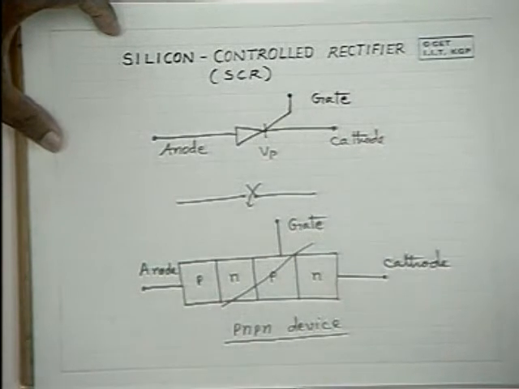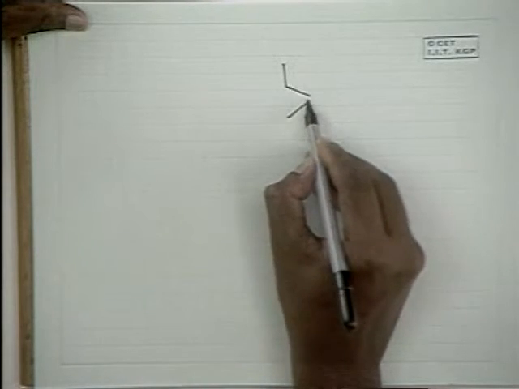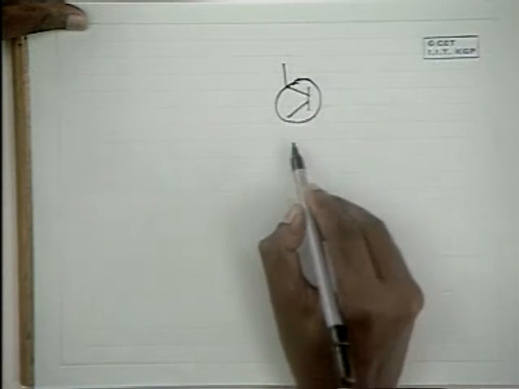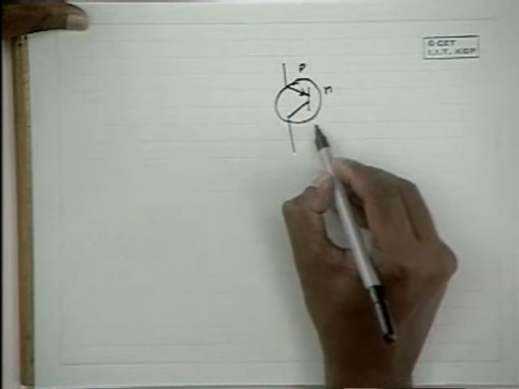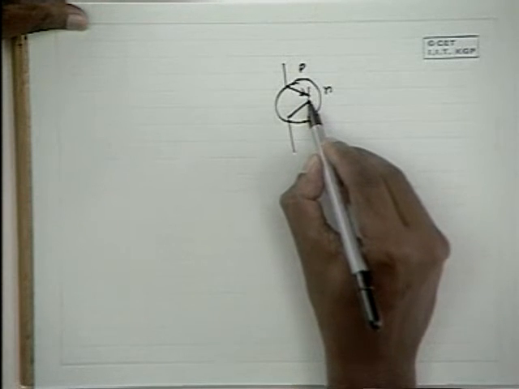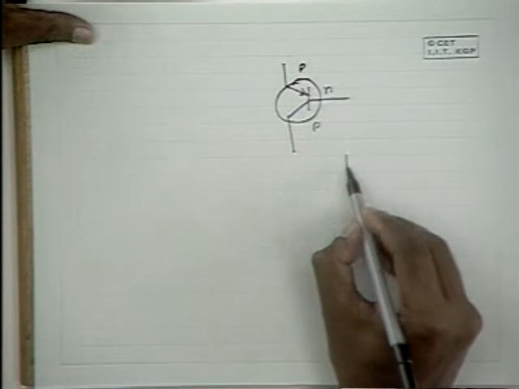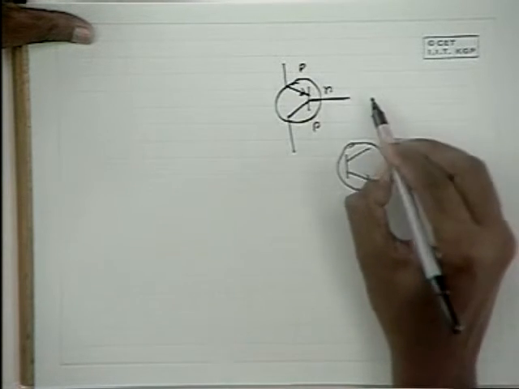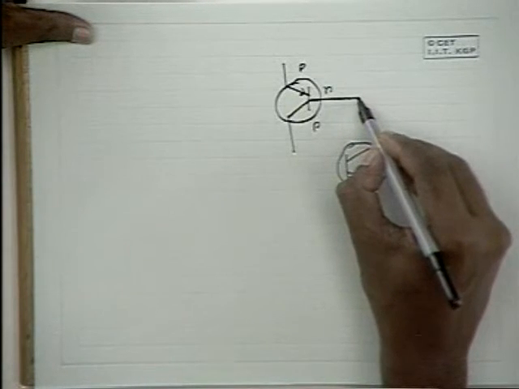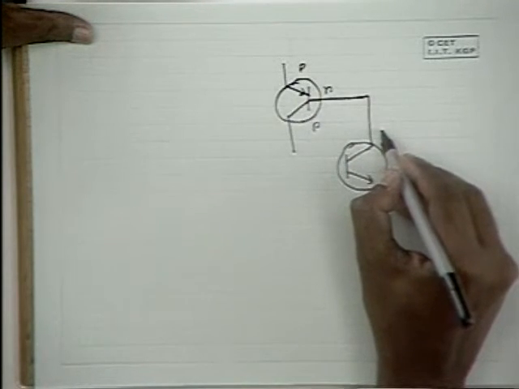So this device can now be represented in this fashion, where we have a PNP transistor and an NPN transistor. The base of the PNP transistor is connected to the collector of the NPN transistor.